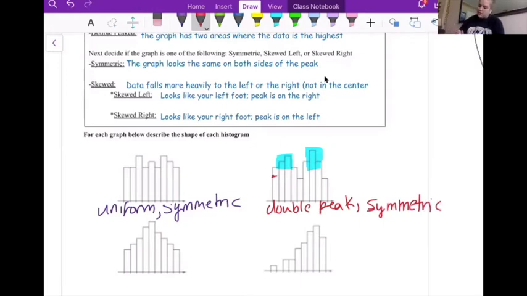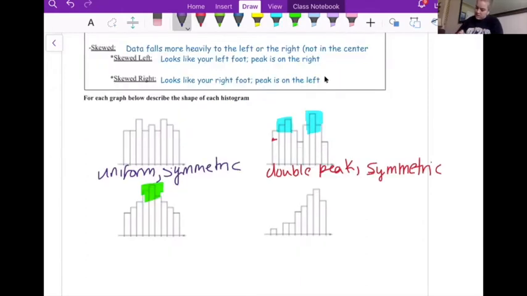And then this one has a single peak, and it's really nicely spaced out on either side. So this is single peak. Symmetric.